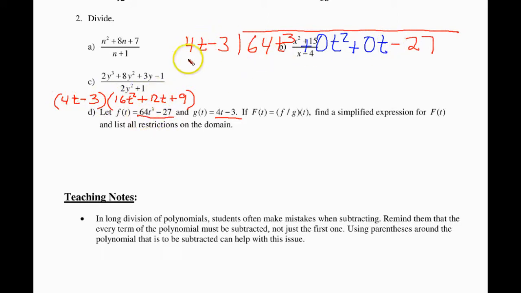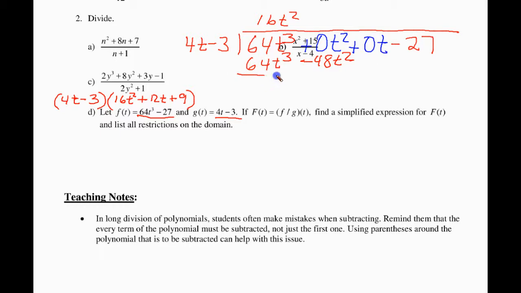So let's do the division of it anyway. So 4t goes into there 16t squared times. 4t times 16t squared is 64t cubed. 3 times this is a negative 48t squared.